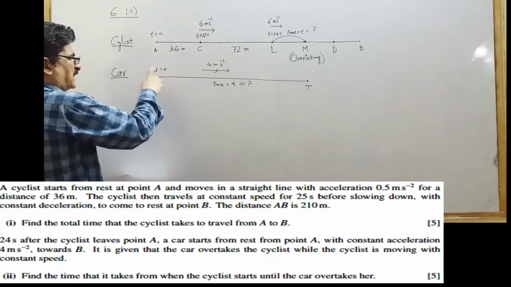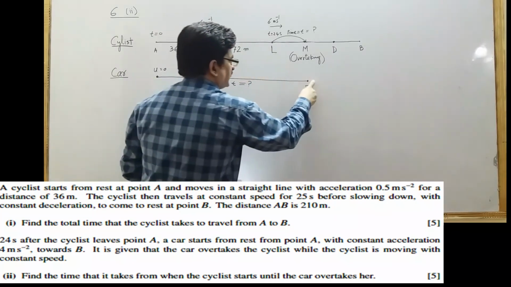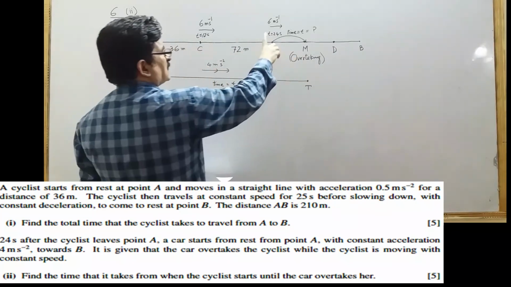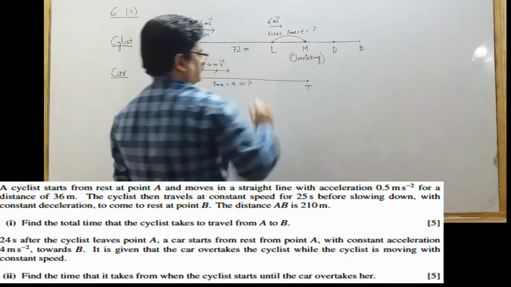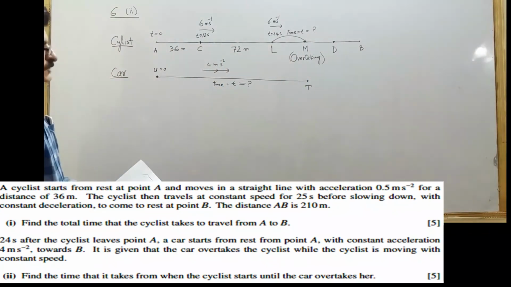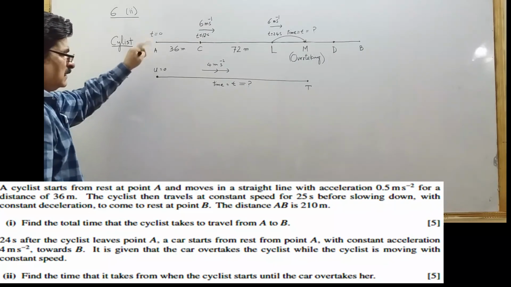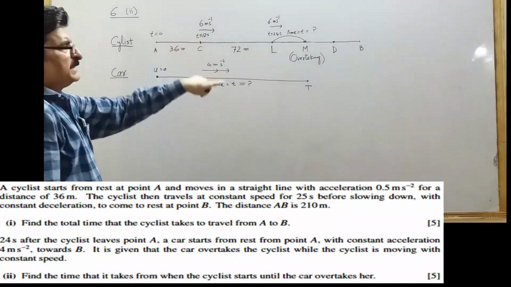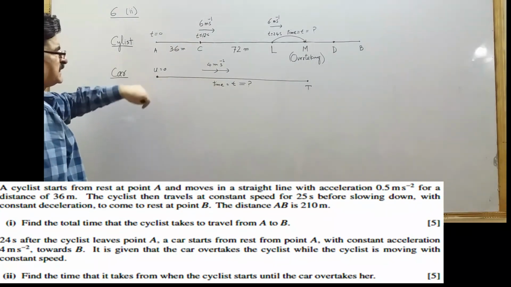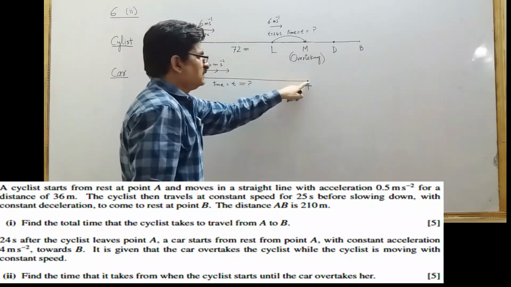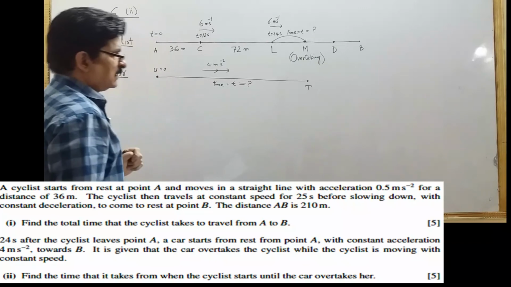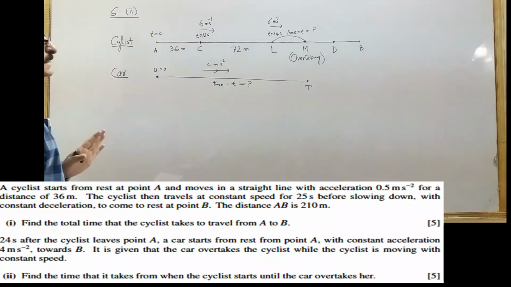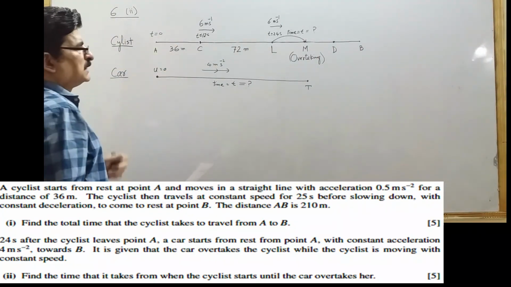In time t, the car reaches from this point to this point, during which the cyclist reaches from L to M. One thing is common: after time t, the distance of the car will be equal to the distance of the cyclist. So we will find the distances of both first.